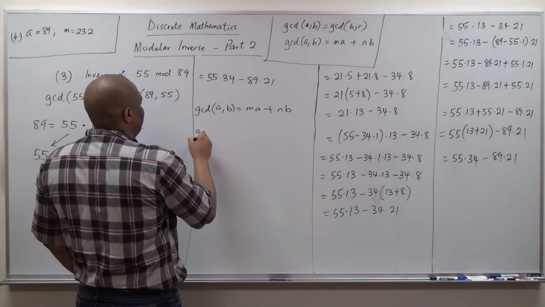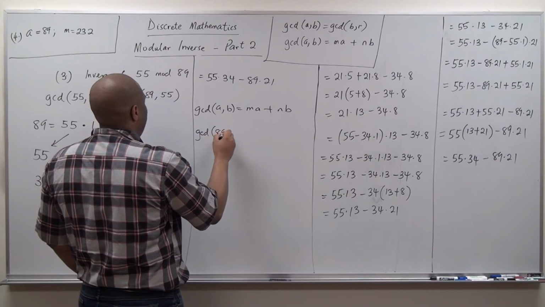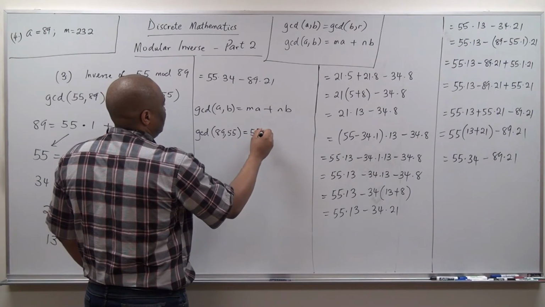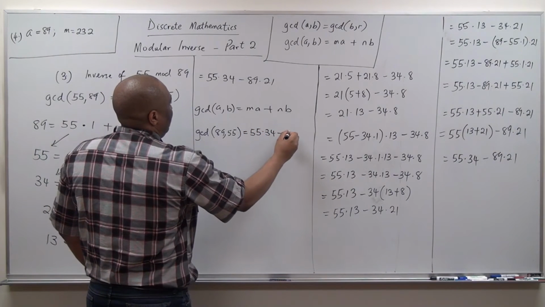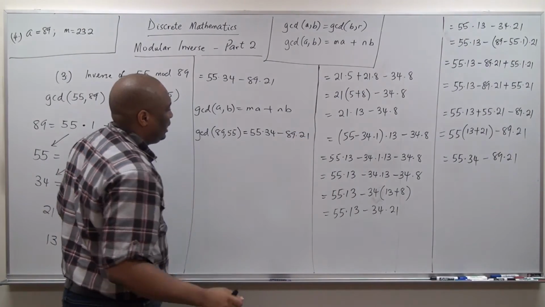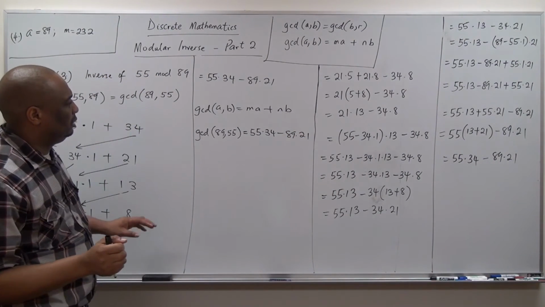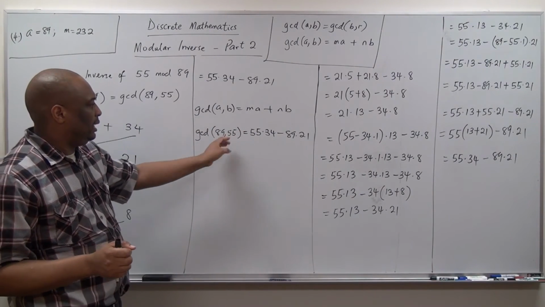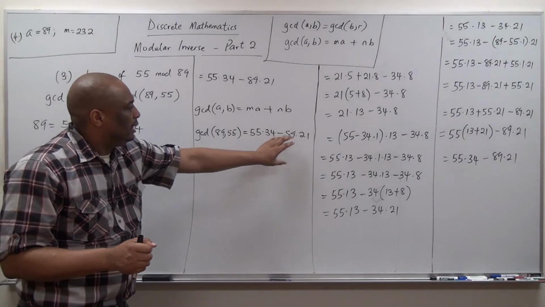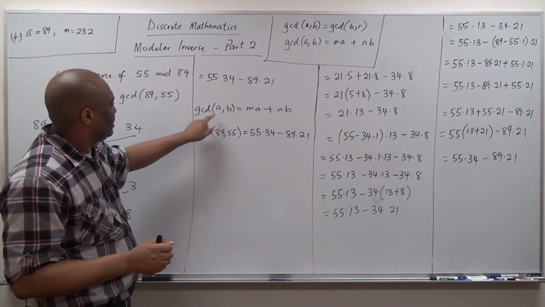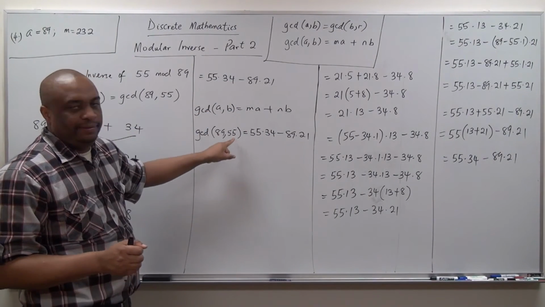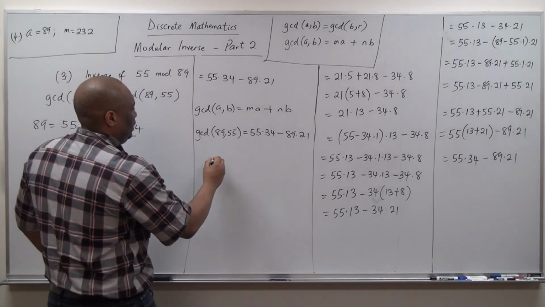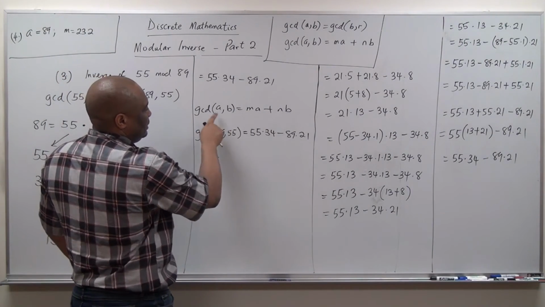So in this case, the GCD of 89 and 55 is now 55 times 34 minus 89 times 21. We have to get this in order to look like this, because here A is 89 and B is 55, right? So we have to make this look like this, okay?